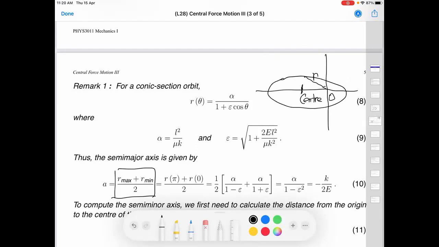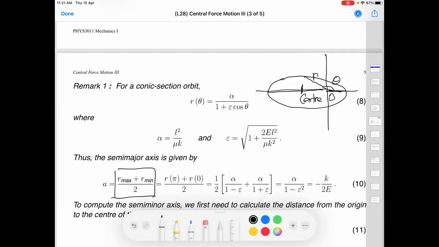And this is the angle, theta. So R at theta equal to 0 is this distance. R at theta equal to pi is this distance. Add them together, that is the major axis. We take half, we get the semi-major axis.